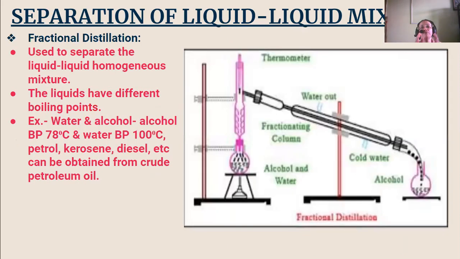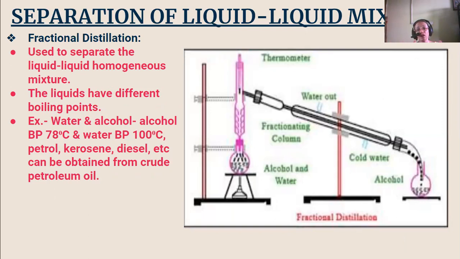Next, we come to fractional distillation. Here, the liquid-liquid mixture is a homogeneous mixture, that is, you cannot differentiate the liquids. The principle used is the boiling point difference. The liquids which are the components of this mixture have different boiling points.